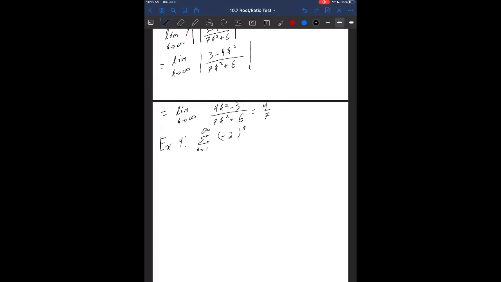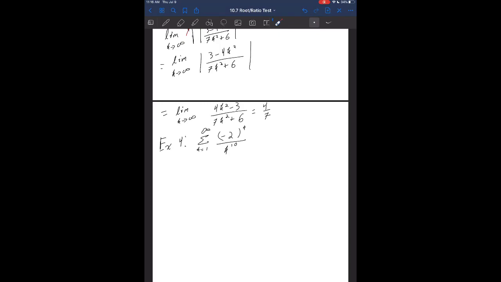This is the sum from k equals 1 to infinity of (-2) to the k over k to the 10th. Now, if we pull a -1 out of here, we could use our alternating series test to tell whether this is going to converge or diverge.